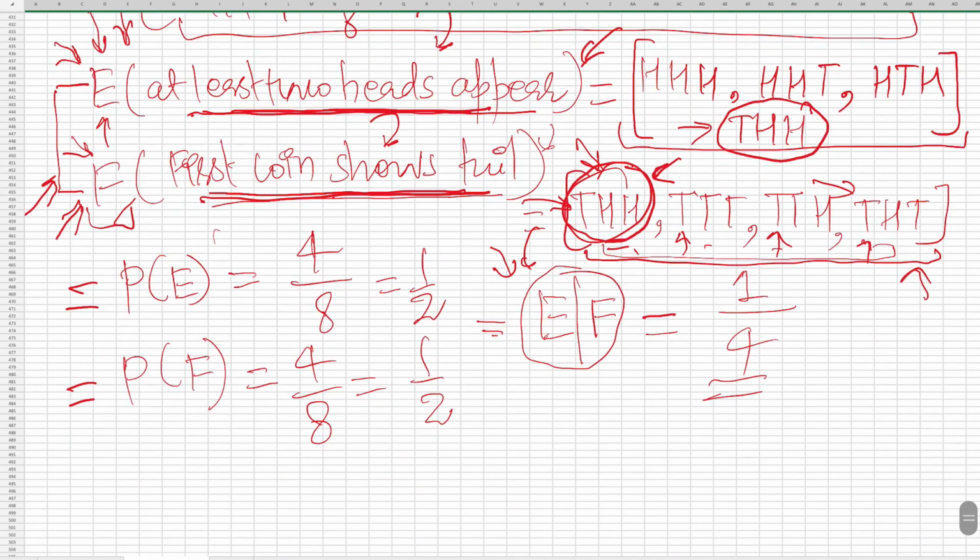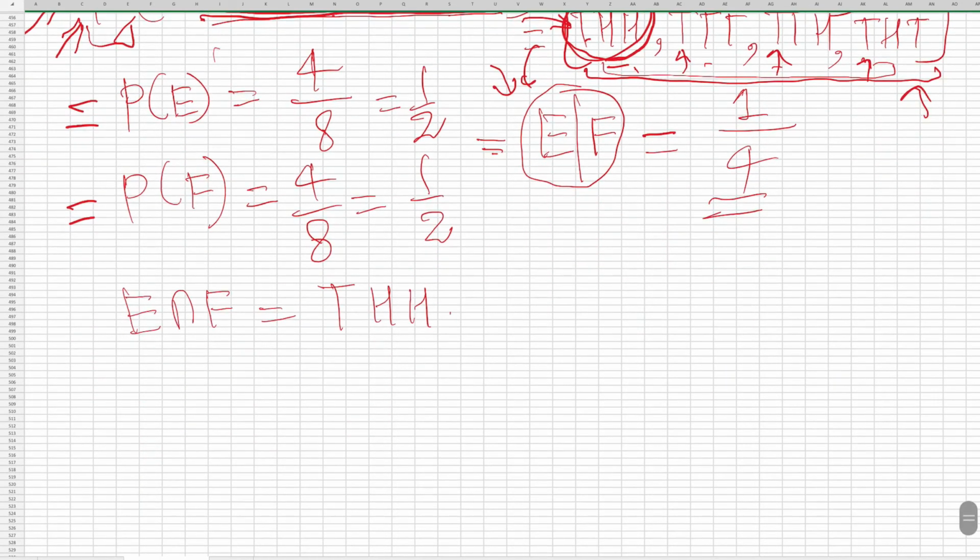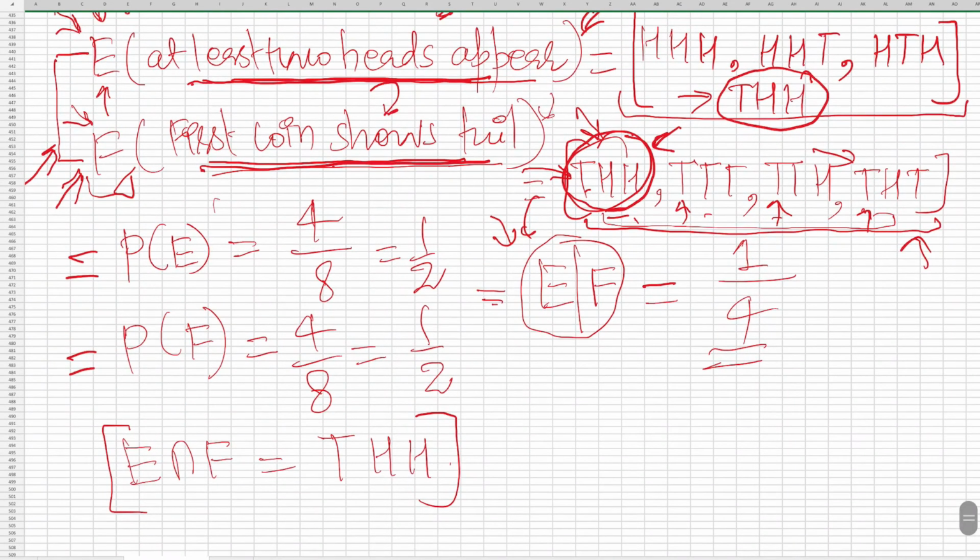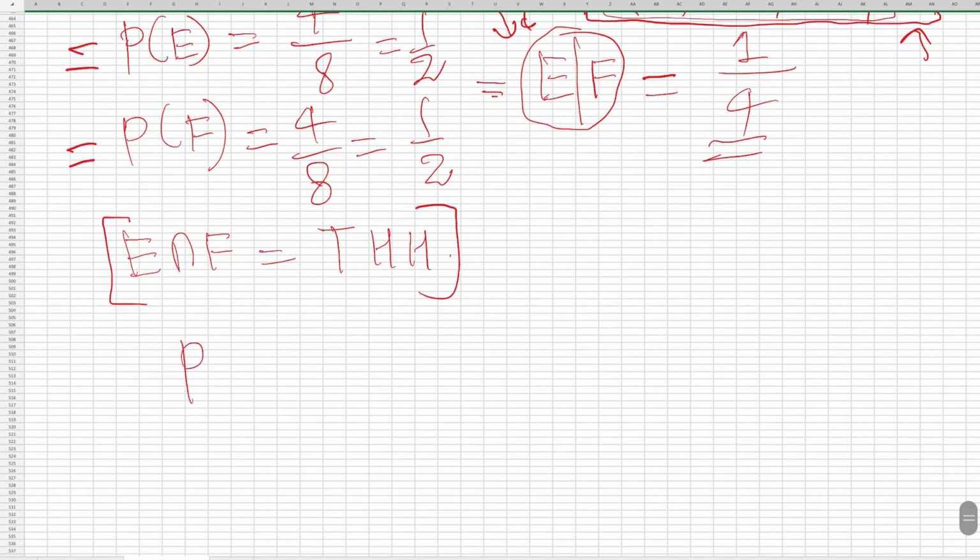We already know the common outcome between these two events, THH. If we talk about E common F, the outcome is T, meaning first coin tail, and both are heads. This is the event which is common to both of these events.